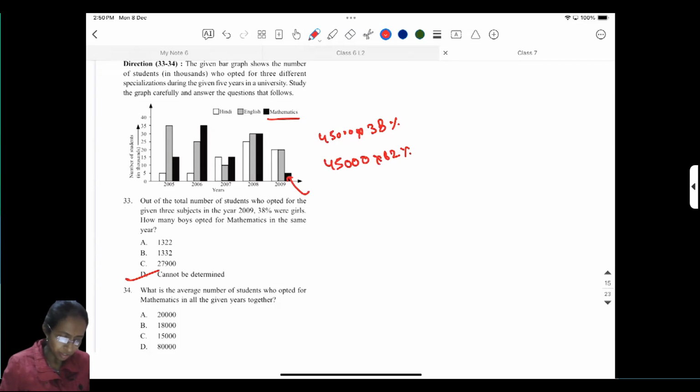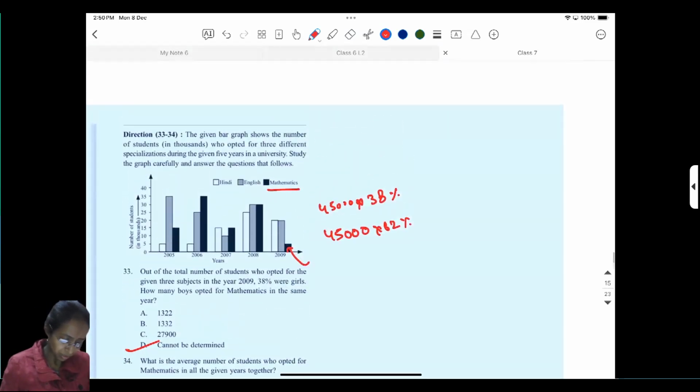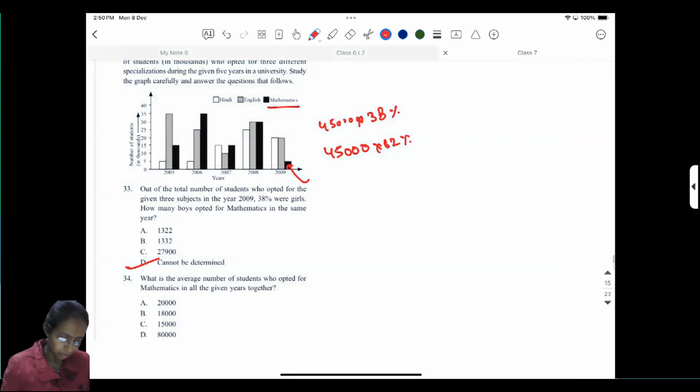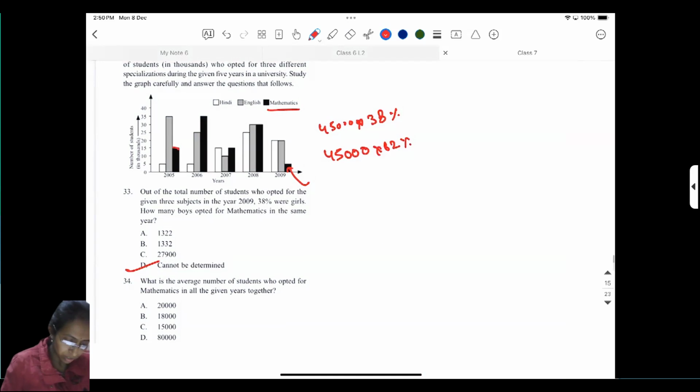Now, what is the average number of students who opted for mathematics in all the given years? So we can do all the given years together. For 2005, the students who opted were 15,000. For 2006, the students who opted for mathematics are 35,000.